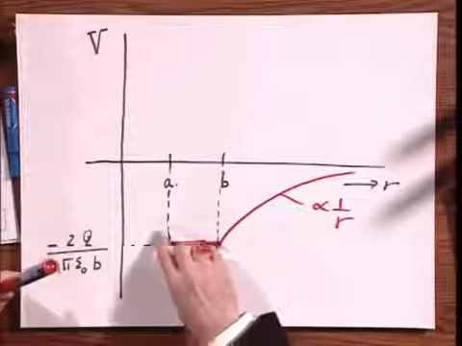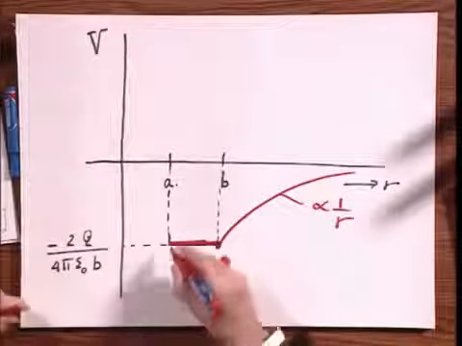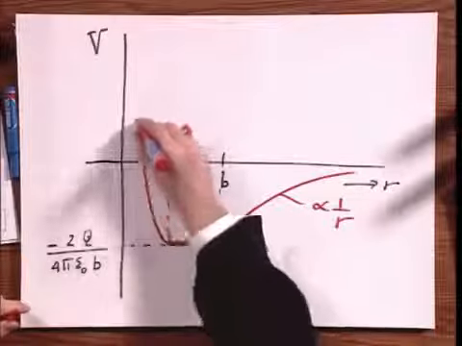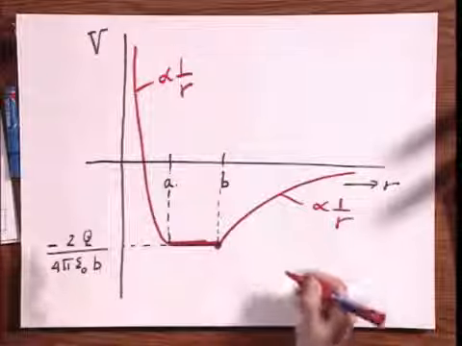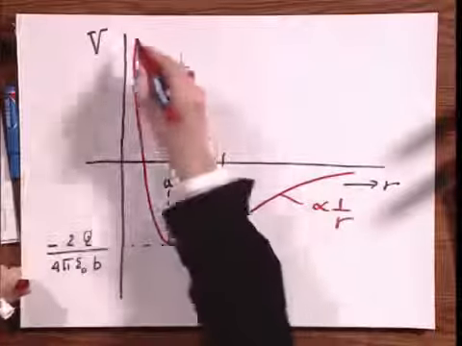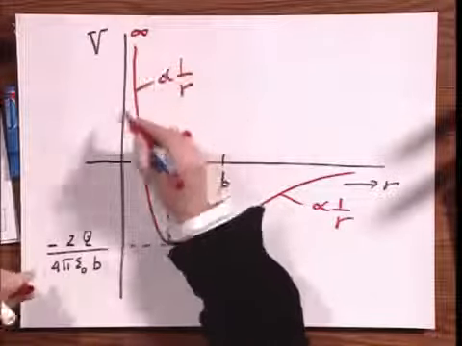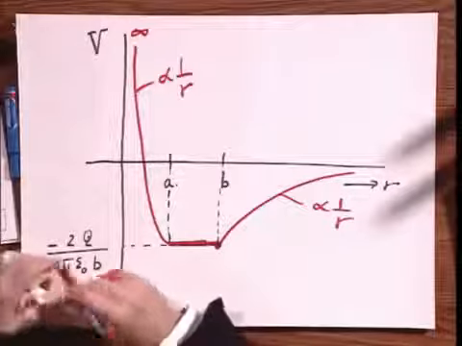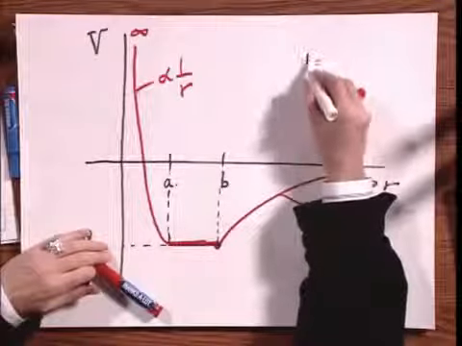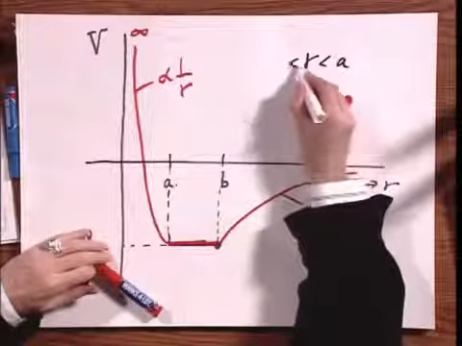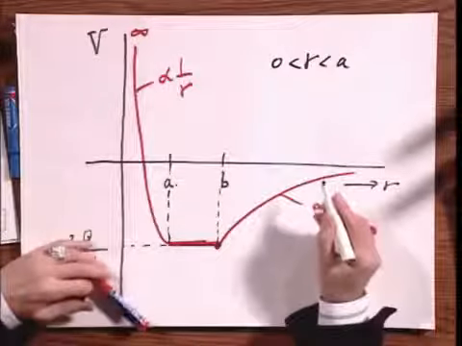Now the potential will increase again. And I'll bet you anything that it will also increase as 1 over r, and it will go to infinity at r equals 0. So I want you, with a Gaussian surface, to calculate what the potential is for r less than a and r larger than 0.